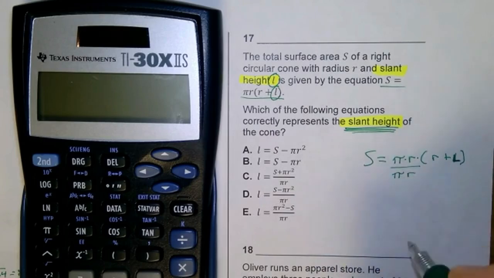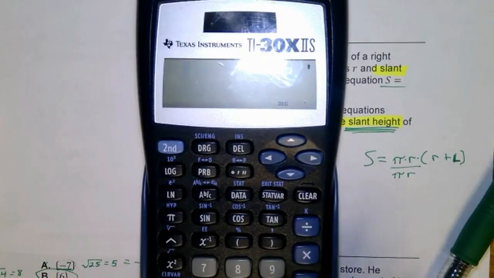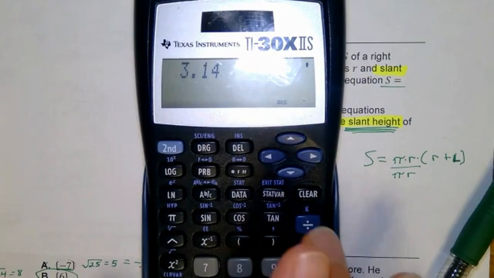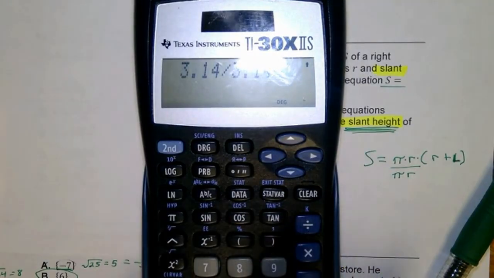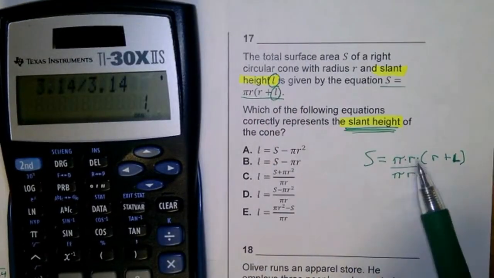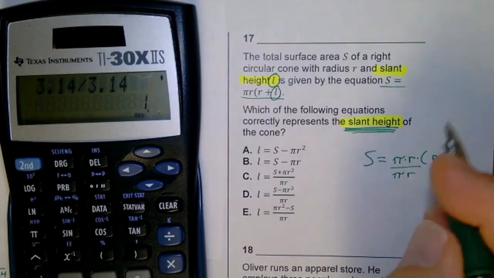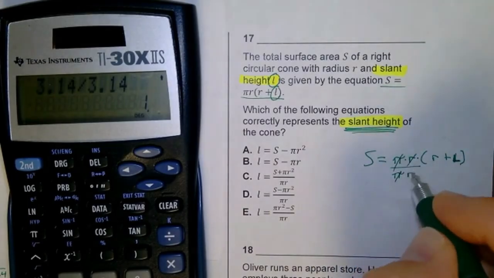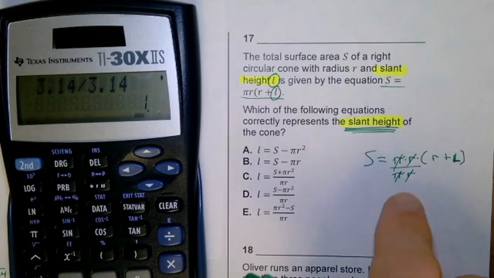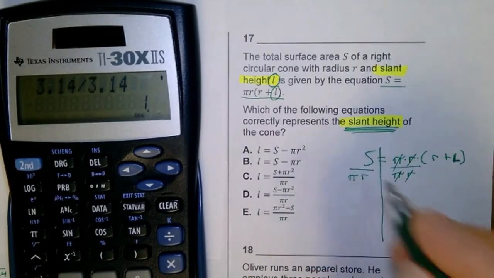If I divide by pi r, what would happen? Well, any number divided by itself, so pi is really 3.14, and if I divide by 3.14, it becomes the number 1. Any number for r, if it's 5 divided by 5, it becomes 1. So the reason why we divide is they're going to then cancel out. But the rule says if I do something to one side, I must do something to the other side.